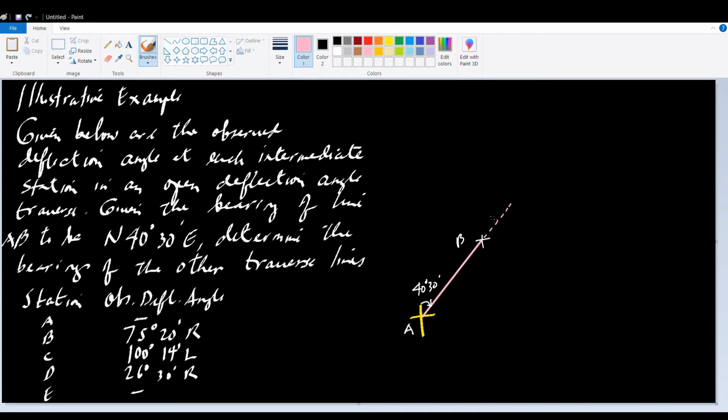And from that extension, we measure 75 degrees 20 minutes in a clockwise direction. So this is also 40 degrees 30 minutes. Then we measure 75. There should be our line BC.